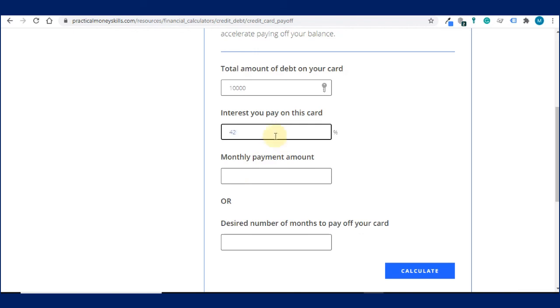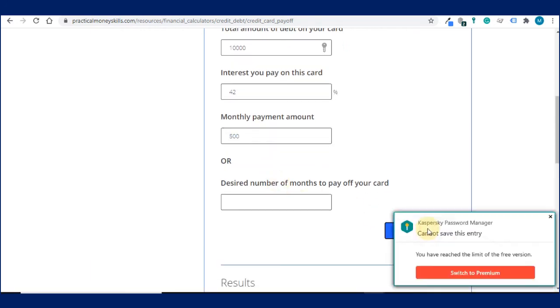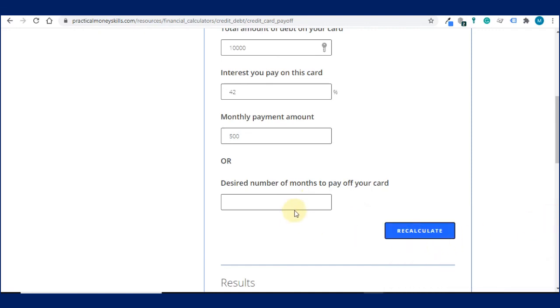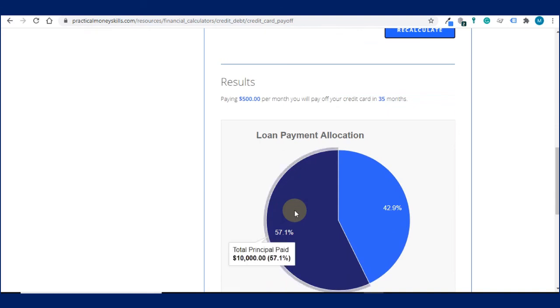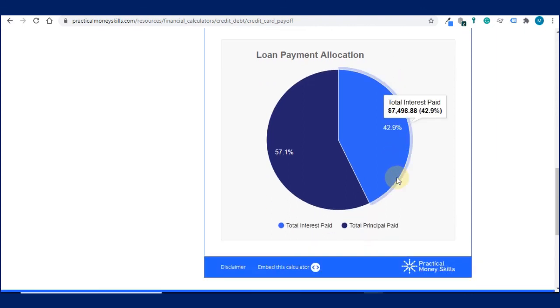So, that's equivalent to 42%. And then, monthly payment of 500. Calculate. Results. See, paying 500 per month, you will pay off your credit card in 35 months.